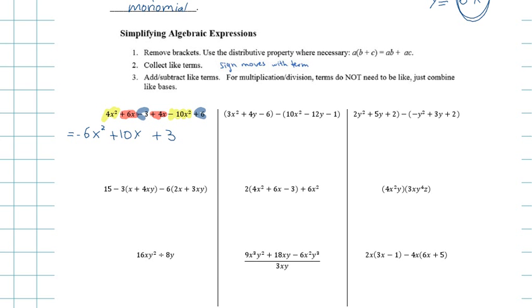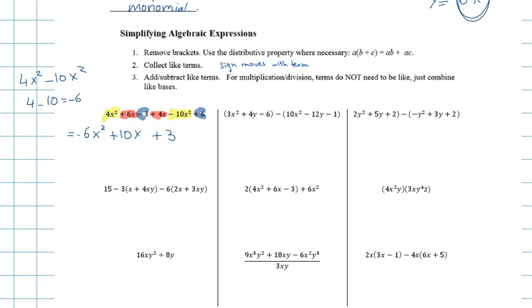Okay, so you can always use your calculator for the coefficients, right? So let's say I'm doing 4x squared minus 10x squared. What you can enter on the calculator is 4 minus 10, which is going to give you negative 6. You have to remember to include the x squared because that's not going to change.